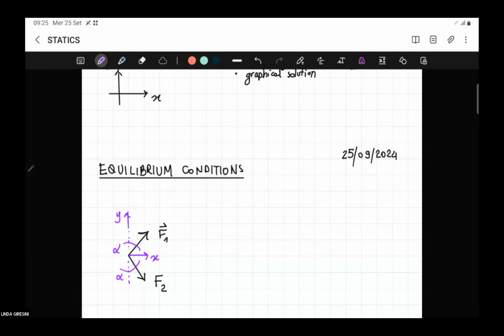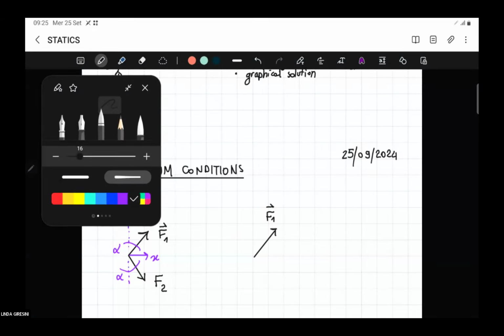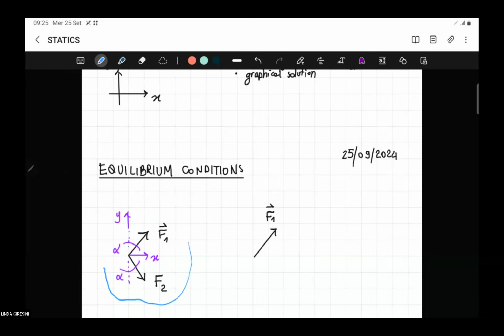So what we have to do is draw the force polygon. Let's assume that our F1 is this one, so we start from F1. Of course, you have to imagine that these forces are applied to a rigid body, for example, at a specific point P on this rigid body.